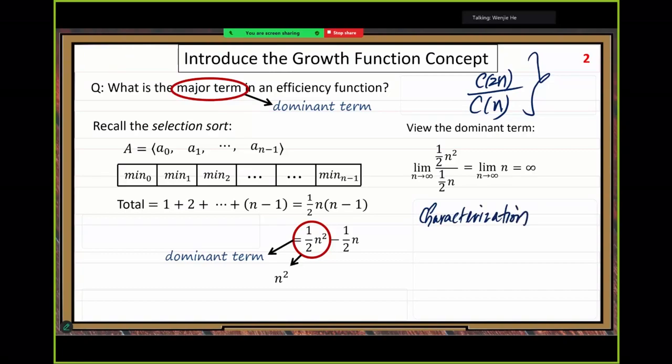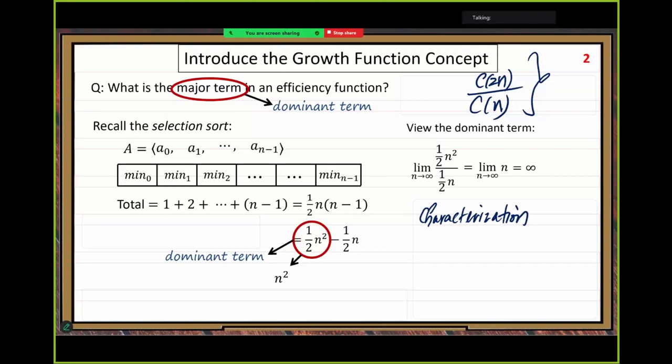In our first class, we characterized our data, right? We defined different categories and organized our data into them. That's the characterization of data. And here, we will do another type of characterization. We want to characterize our efficiency functions.